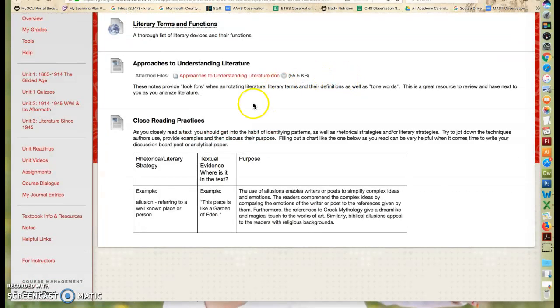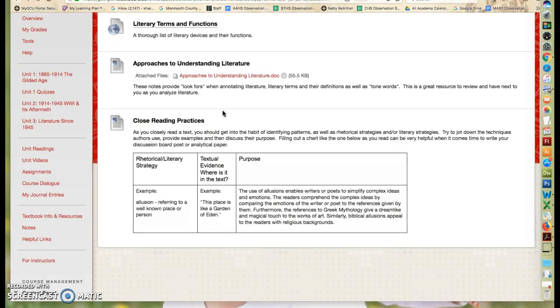And then finally on the page, if you look at the bottom, I provided a box here that I think you should actually create for yourself as you closely read the texts in the next coming weeks. So get in the habit of identifying patterns as well as rhetorical strategies and or literary strategies. Try to jot down the techniques that the authors are using.